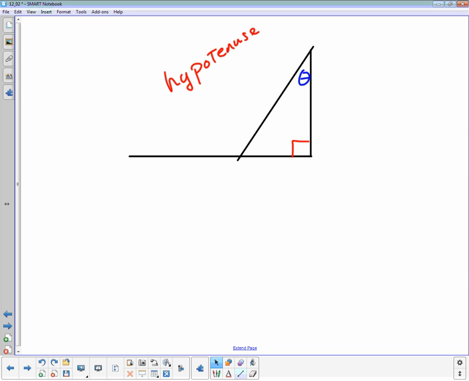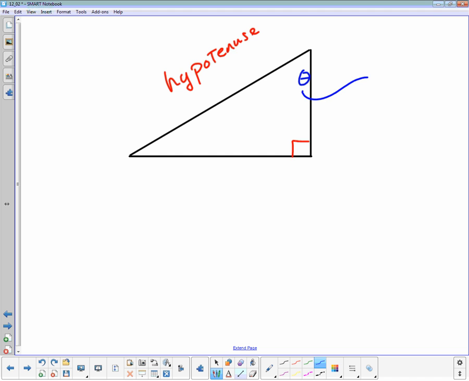Okay, now this little symbol that I just drew up here has got a name, and you're going to see that name a lot. You're going to see that symbol a lot, so I'm going to introduce you to it. Everyone, meet theta. It's spelled T-H-E-T-A, and it's pronounced theta, okay?